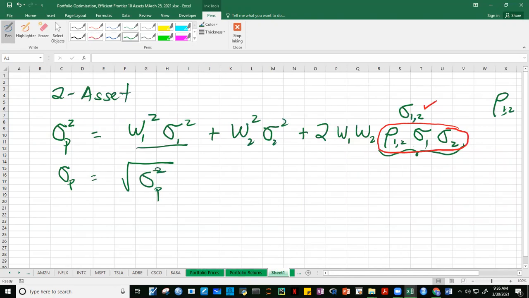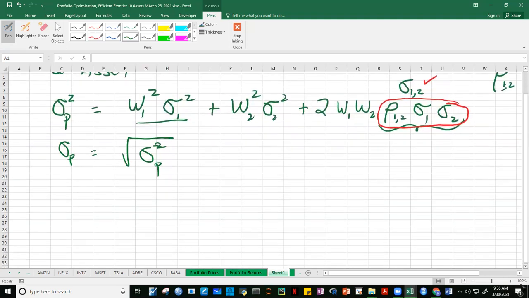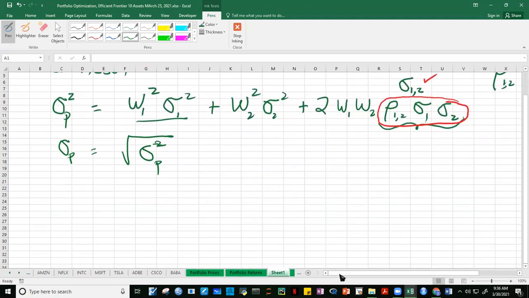Okay, but let's generalize this for an n-asset portfolio. Paano kung n-assets? Okay, mas mahirap yun, no? Pag n-assets na. So let me write here n-assets. What if it's an n-asset portfolio?